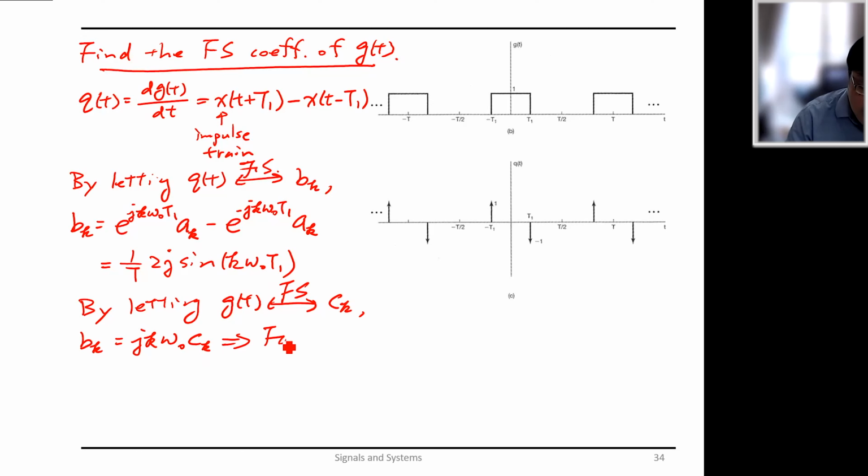So therefore, for k not equal to 0, we can write ck as bk over jk omega naught. Okay.